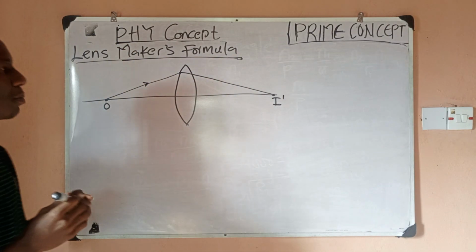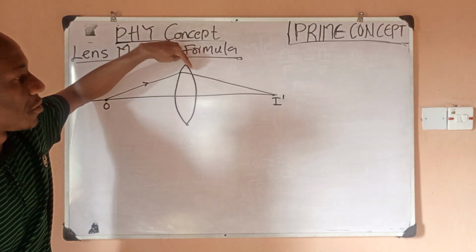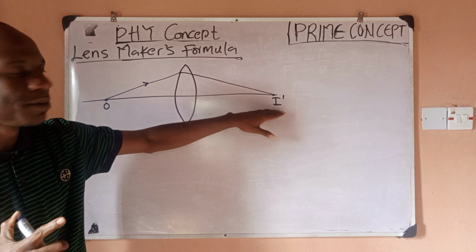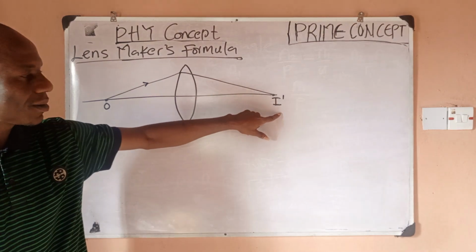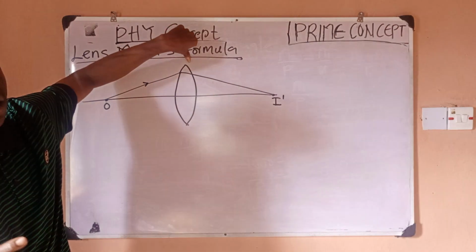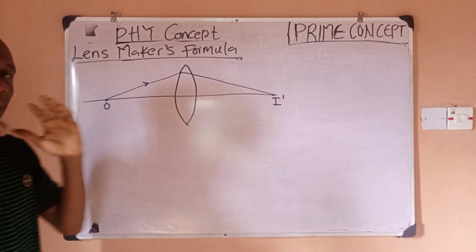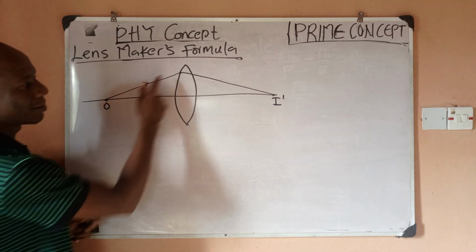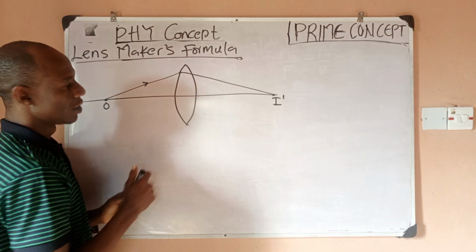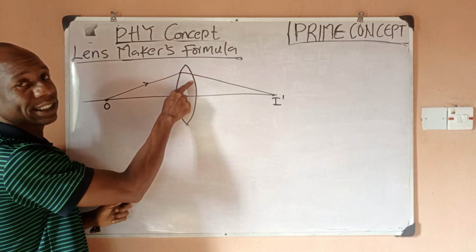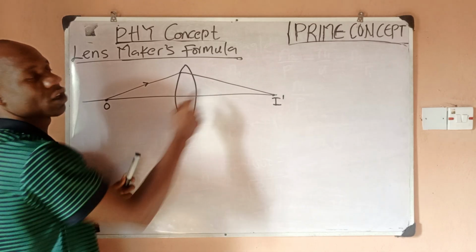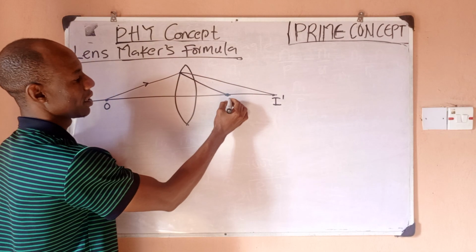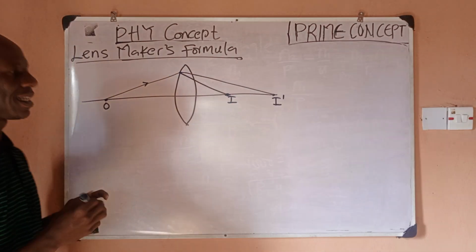But because this second surface is present, the image would not actually be formed here. So as a result of refraction from this second surface, it will bring my image somewhere around here. So the actual image will be formed somewhere around there, which I would call I. That is the actual image.